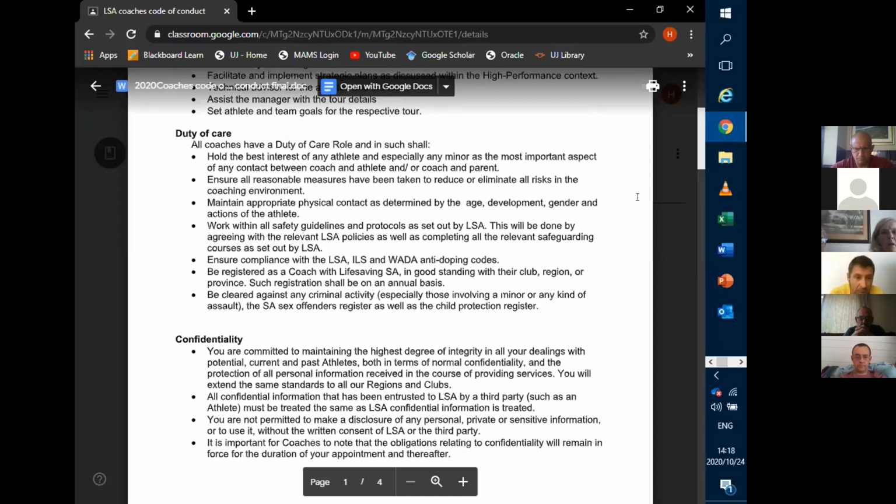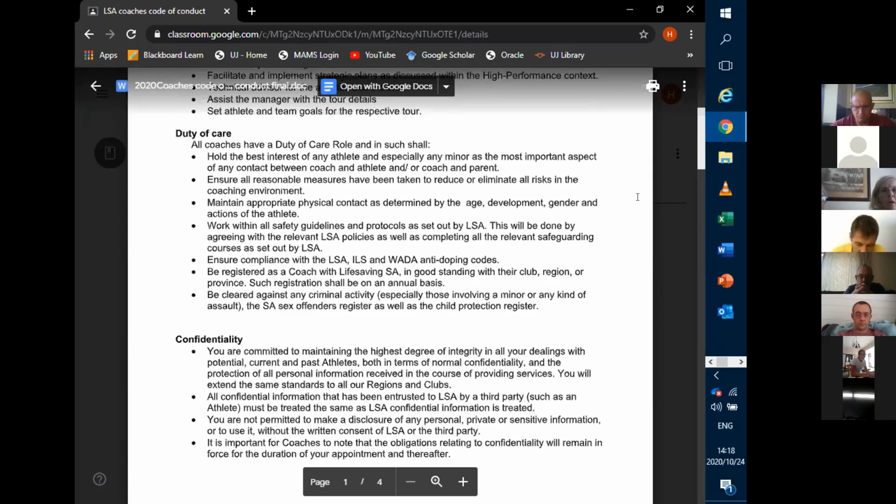And why I say that, we all have a police clearance. And the moment a coach is inappropriate towards his athletes, the whole world will know that, because that's a very, very important part of it.